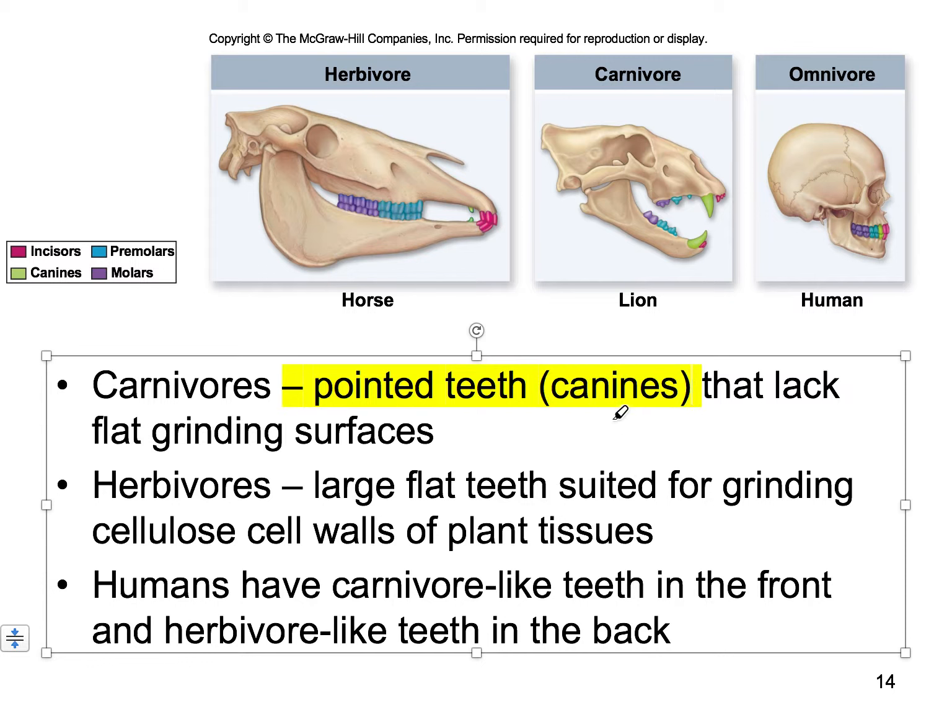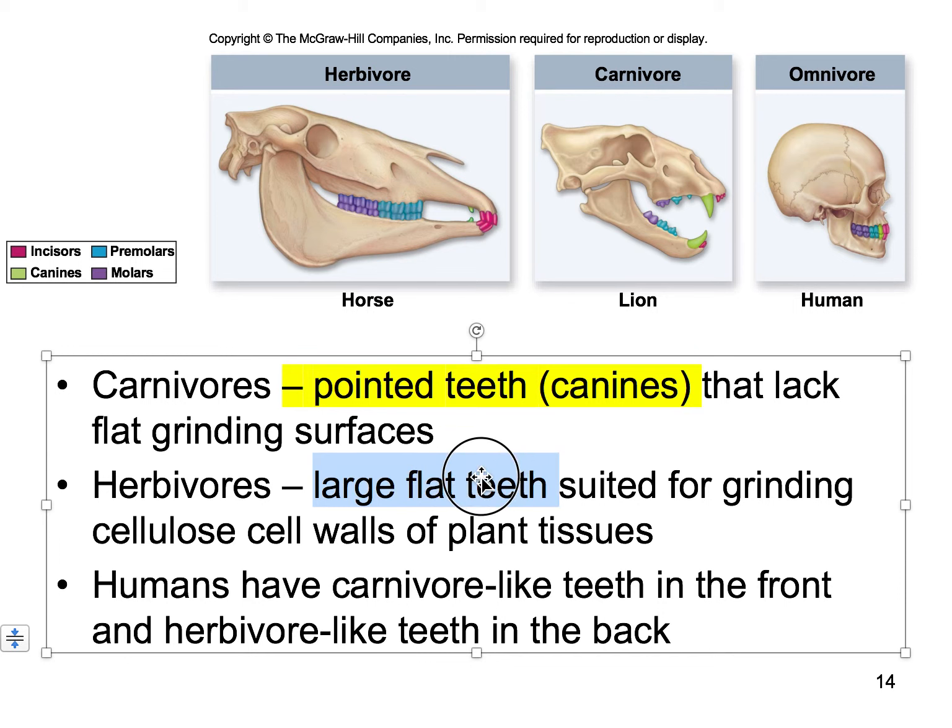Canines. And because they have these big pointed canines, they are able to rip and chew through meat, but they don't necessarily have or need to have the big flat molars that allow them to grind plant material because they don't eat plants. So generally speaking, carnivores are going to see pointed teeth. Even their molars here are pointed. Then you have herbivores.